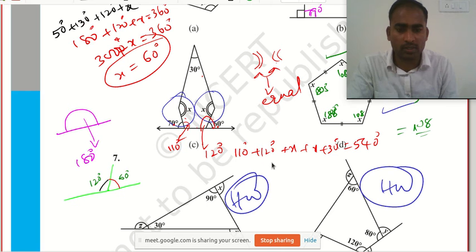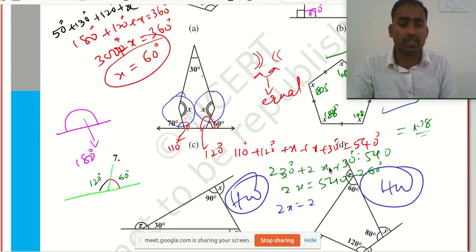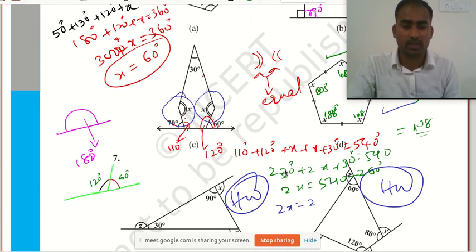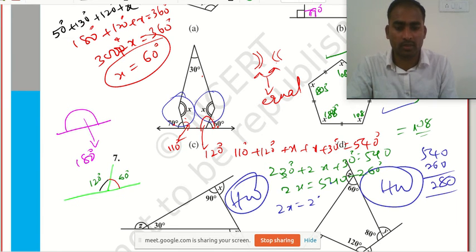110 plus 120 is how much? 230 degrees. So 230 plus 2x plus 30 is equal to 540. Next, 2x is equal to 540 minus 260. 540 minus 260 is 280 degrees.